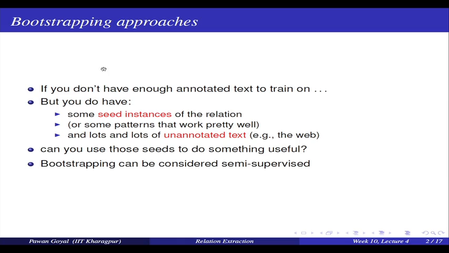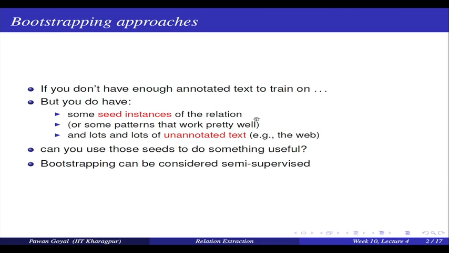So you do not have enough data, but what you have are some seed instances of the relation, and that is very easy. What do I mean by seed instances? Remember we were talking about hypernyms or meronyms. So you know some seed relations. You know, okay, basement and building are connected by the meronym relation. Car and vehicle are connected by the hypernym relation. So you know some seed instances. Then what else do you need?